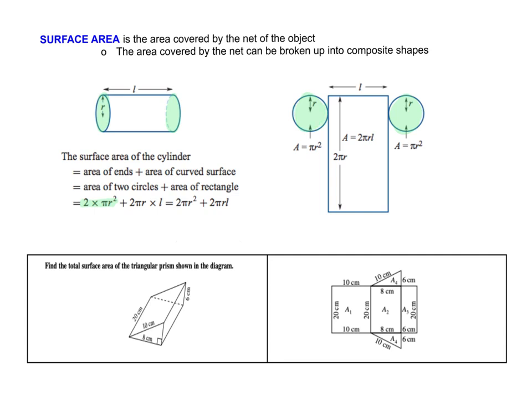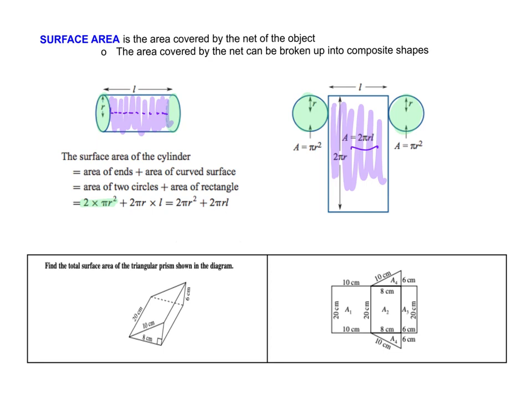And then you've got the bit in the middle, along here. Just to show you, if you cut your can or your cylinder down the side like that, you will produce a rectangle like what we see here.